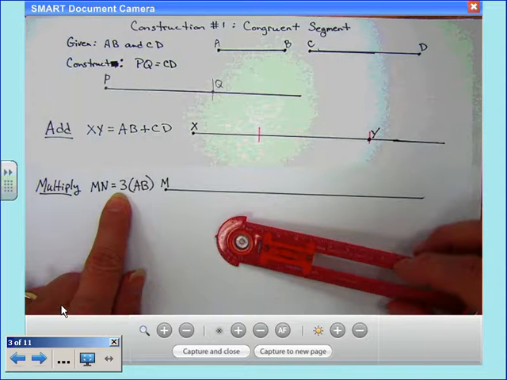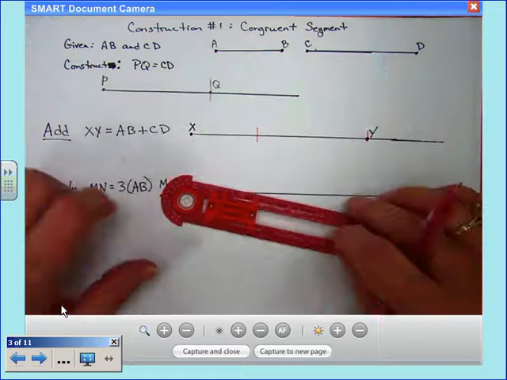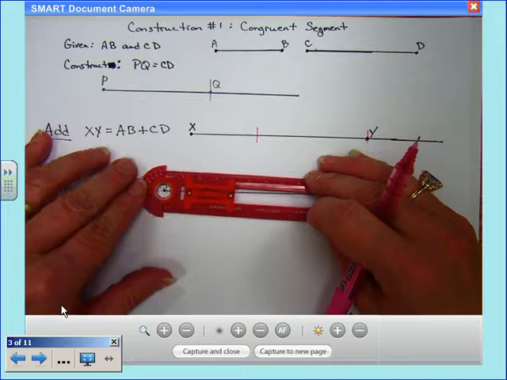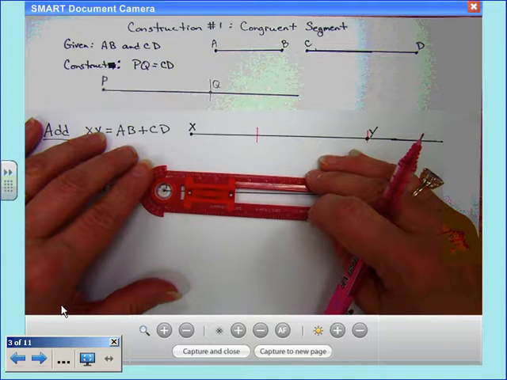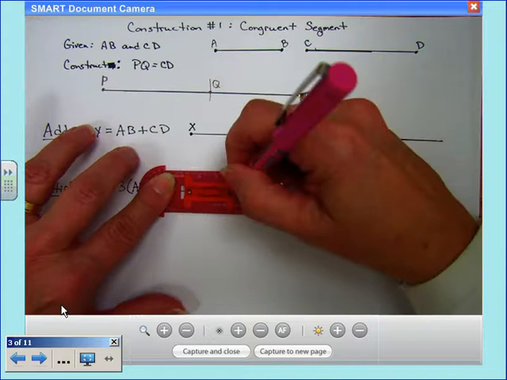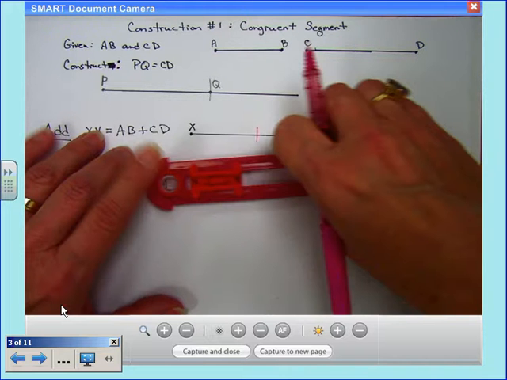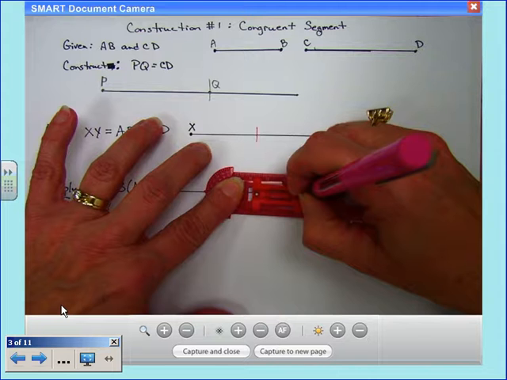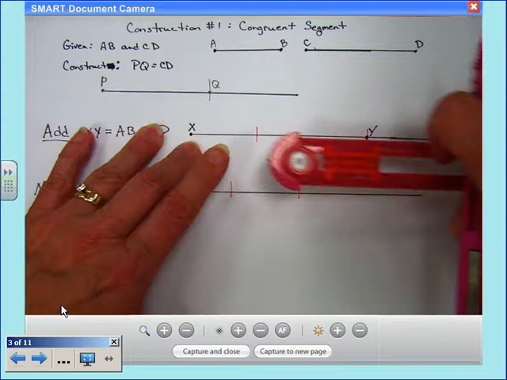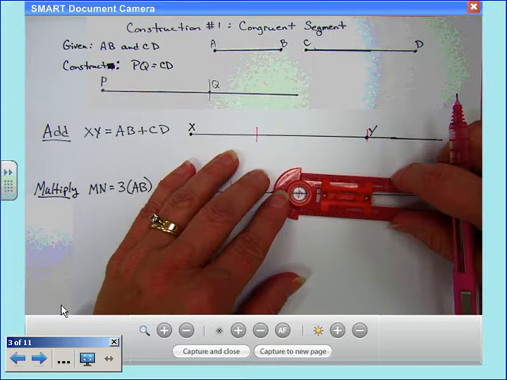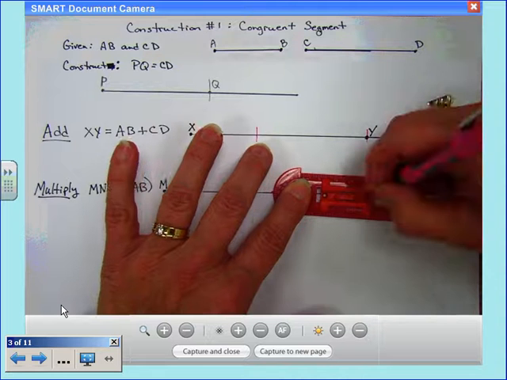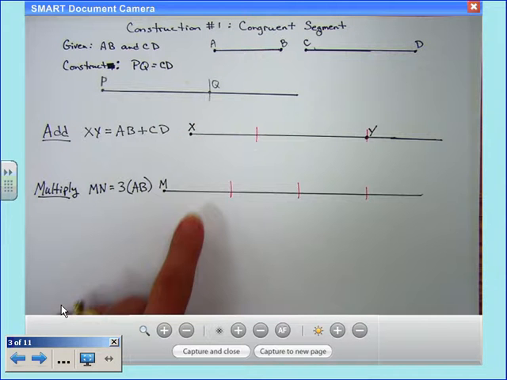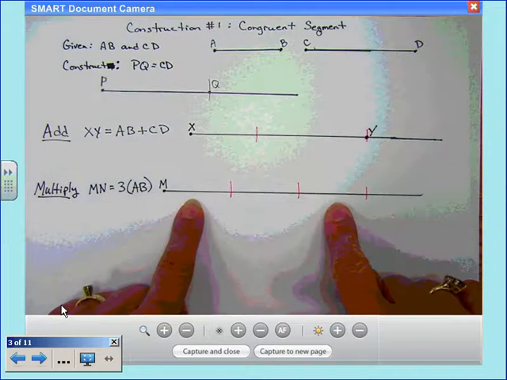I'm going to do it 3 times. So watch carefully. I place this at M, and arc, move it up, arc the second one, that's 2, move it up, and mark the third one. Now I have 1, 2, 3 lengths of AB.